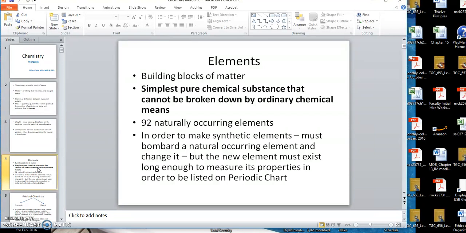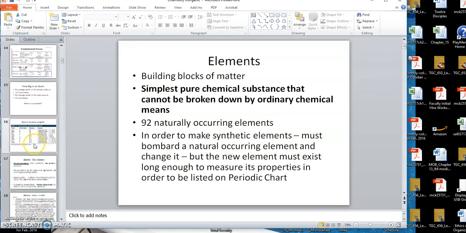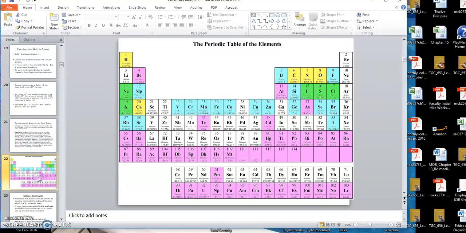We have 92 naturally occurring elements. When we look at the periodic chart, which I encourage you to get, print one out, go online, you have 92 naturally occurring ones, but once you get past that, there are some others, and this is an older chart, that would be non-natural, synthetic.